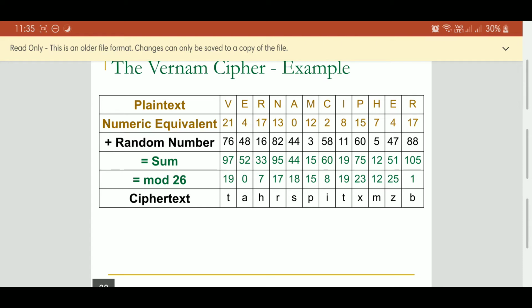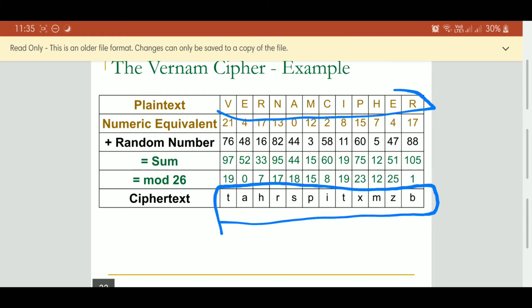And here we have our random numbers, and we will sum our numeric equivalent with the random numbers, and we will do it mod 26. And this is our ciphertext. So this is the encrypted text we get for our plain text.